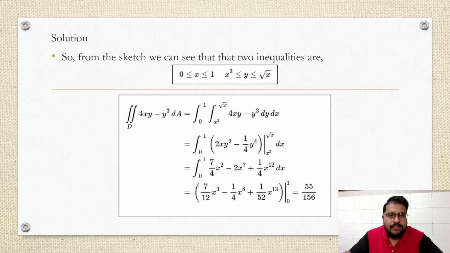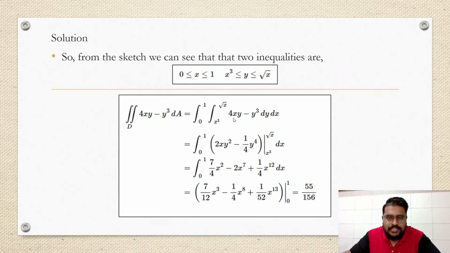First, we put the limits for x and y. For y, the limits are x^3 to square root of x, and for x, the limits are from 0 to 1. So you will do dy dx, meaning you will integrate dy first, and later integrate dx.